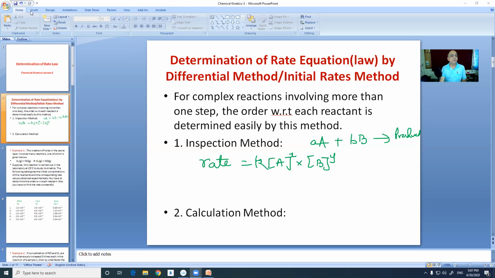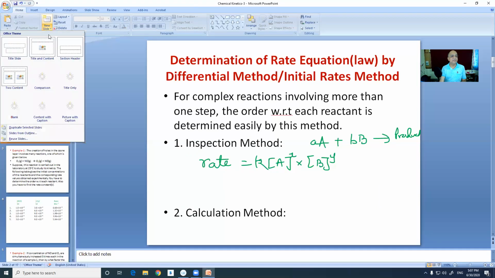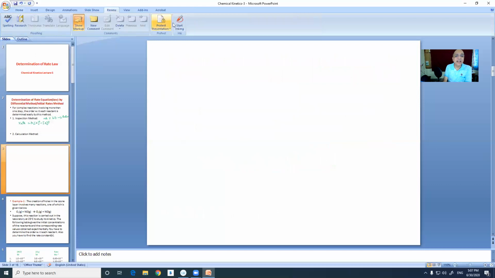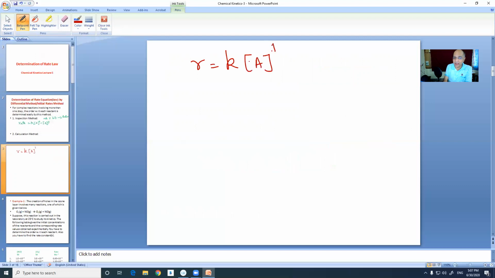Say, for example, if you are handling a first order, for example, R is equal to K into A to the power 1, right?